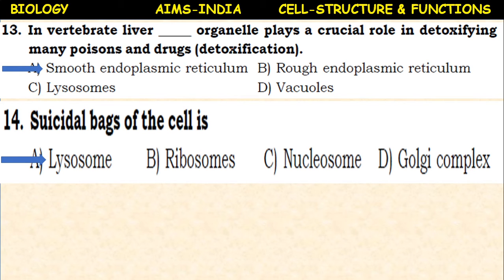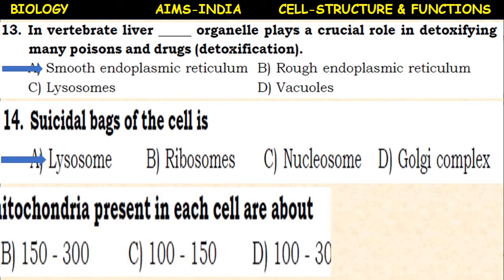Because the lysosomes are the only organelles which are active even after the death of the cell. They are bag-like structures filled with hydrolytic enzymes. So after the death of the cell, lysosomes release those digestive enzymes and destroy the cell. That's why they are called suicidal bags of the cell.